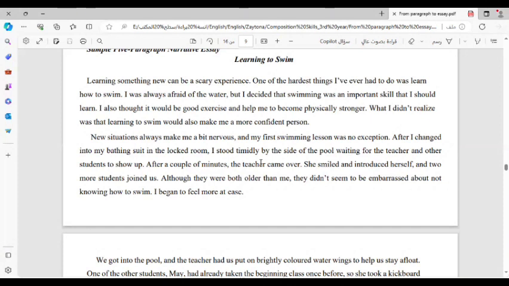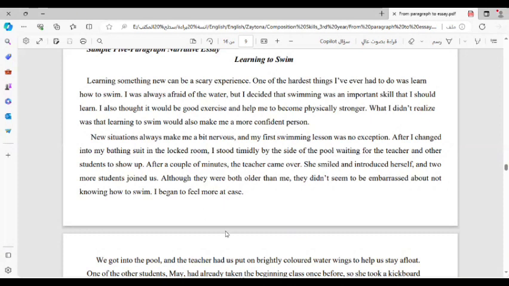So I stood shy by the side of the pool, waiting for the teacher and other students to show up. After a couple of minutes, the teacher came over. She smiled and introduced herself, and two more students joined us. Although they were both older than me, they didn't seem to be embarrassed about not knowing how to swim. I began to feel more at ease.